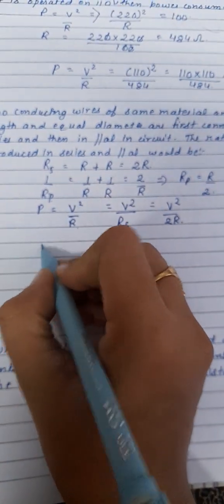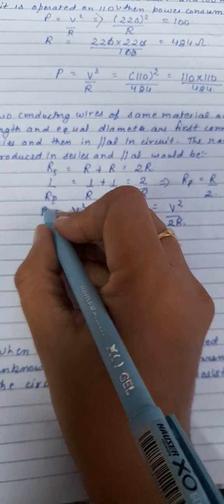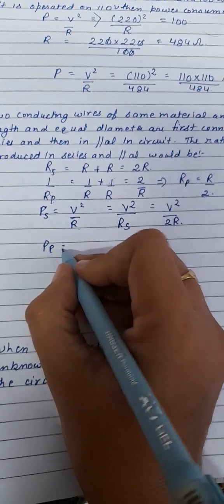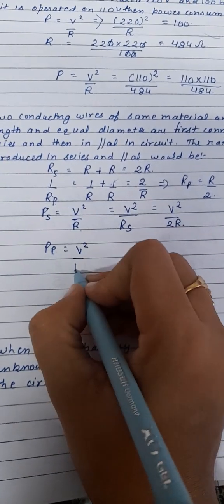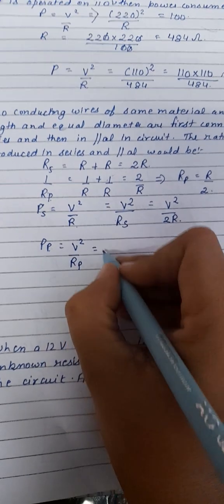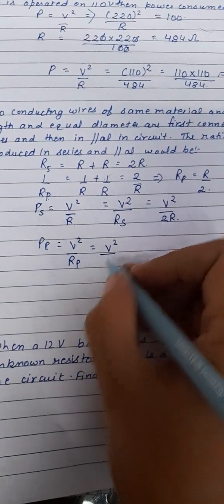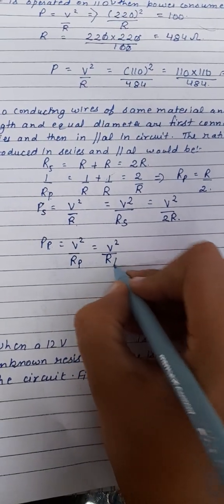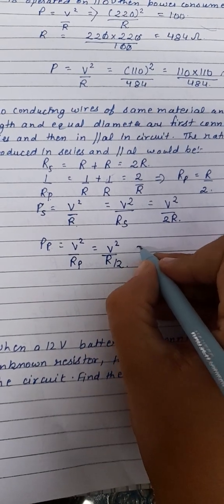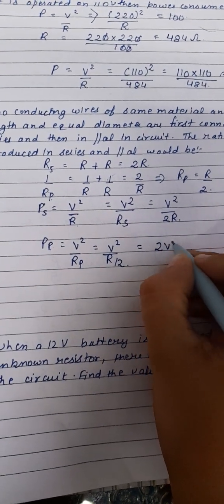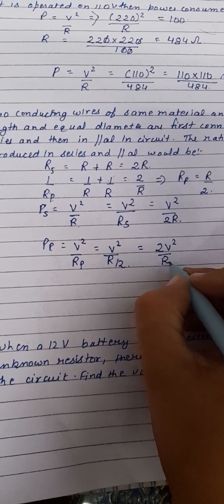Next, for parallel, that is V square over Rp. V square as it is, value of Rp is R over 2. This becomes 2V square over R.